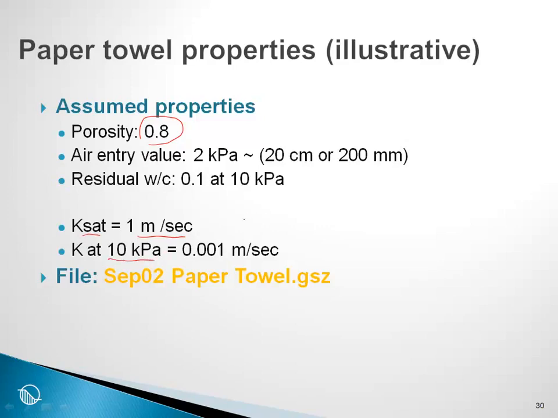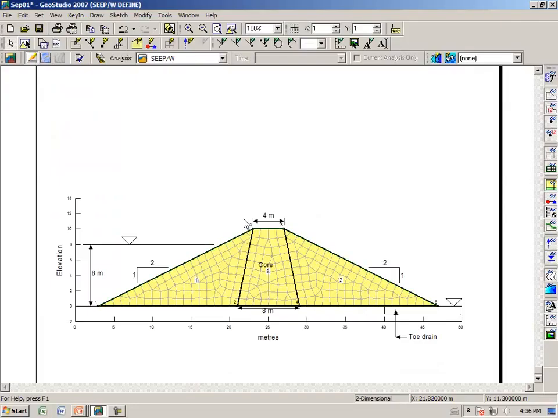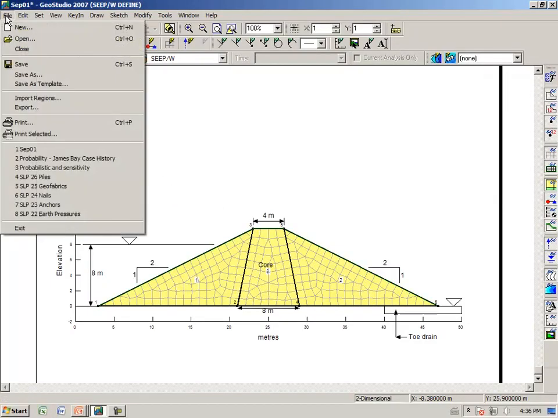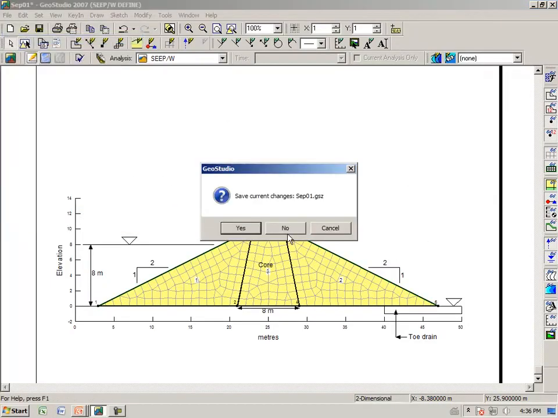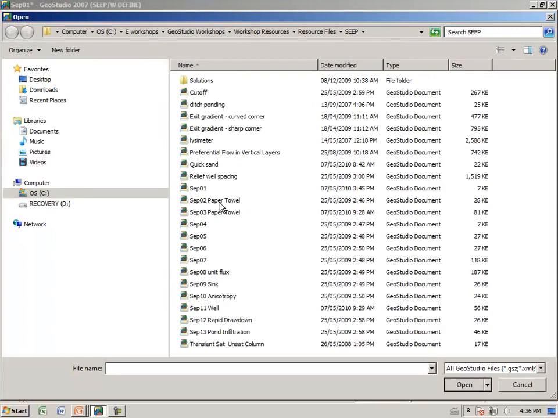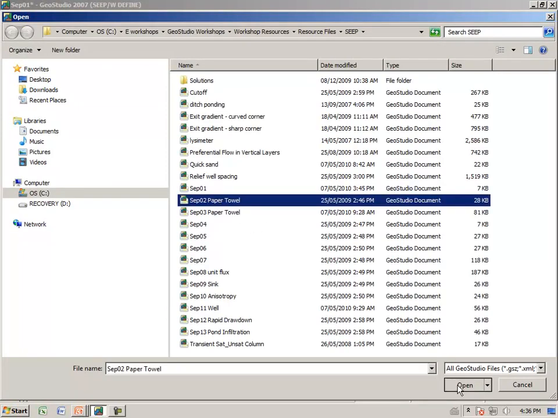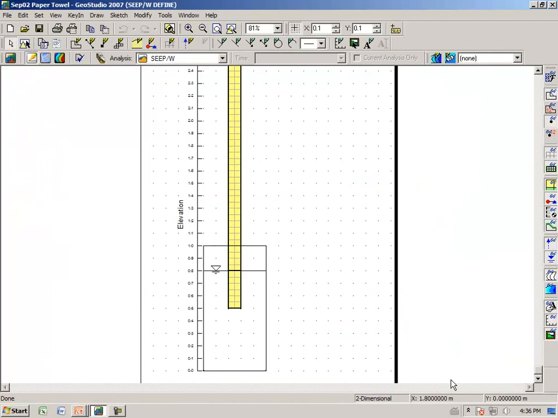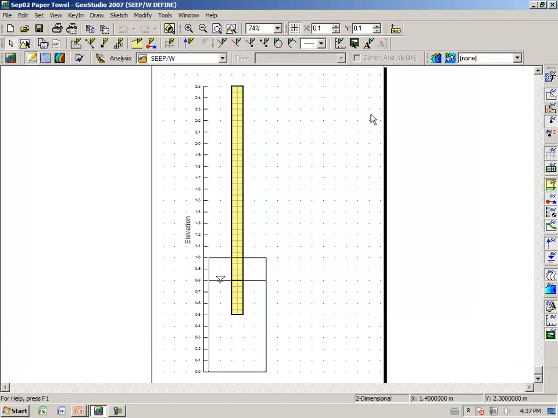So let us go to GeoStudio and open up SEEP-02 paper towel. File, Open, SEEP-02, and I will click on my All Objects Zoom button.